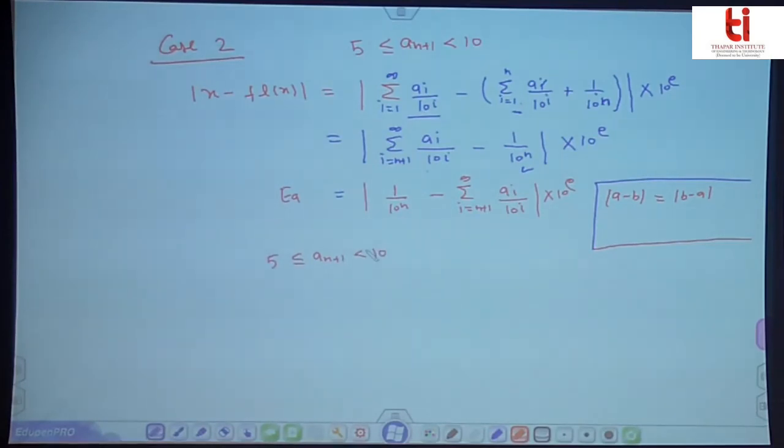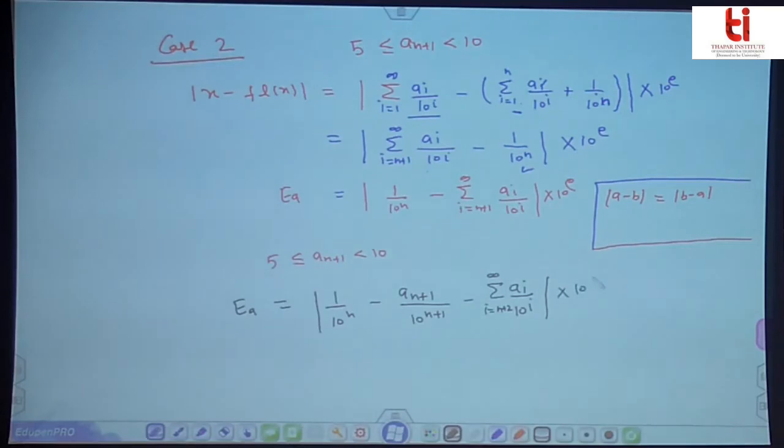So all other terms, that could be anything, so just keep in mind e of a can be written as we can write absolute error as 1 upon 10 raised to power n minus a n plus 1 upon 10 raised to power n plus 1 minus, we can write it like that, the sum from i equal to n plus 2 to infinity.